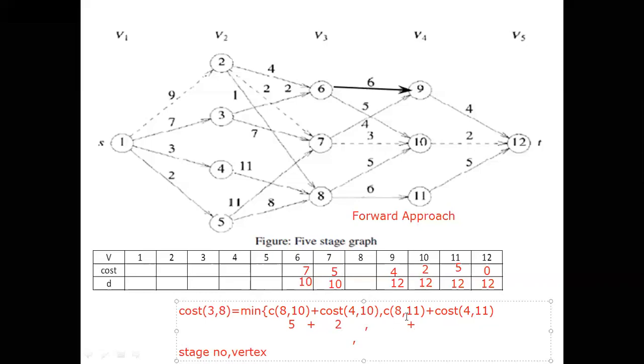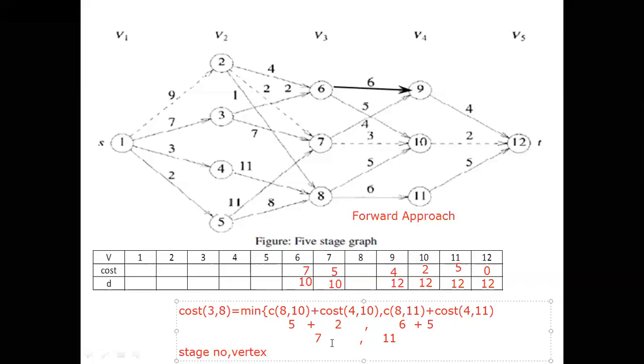C of 8, 11. What is the value? It is 6. Cost of 4, 11. What is the 11 value? It is 5. 5 plus 2, what is the value? It is 7. 6 plus 5, what is the value? It is 11.